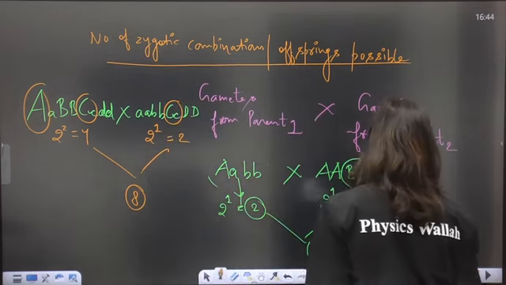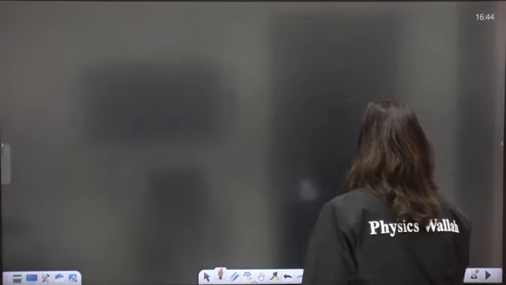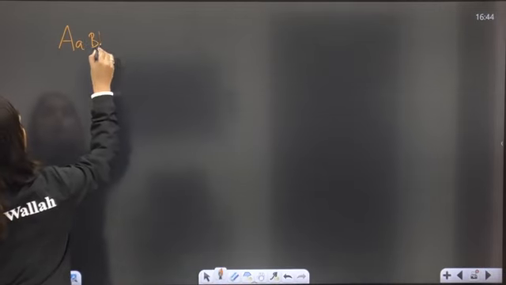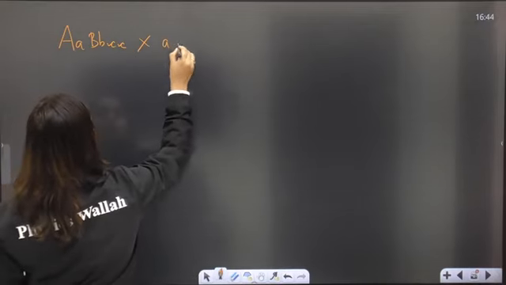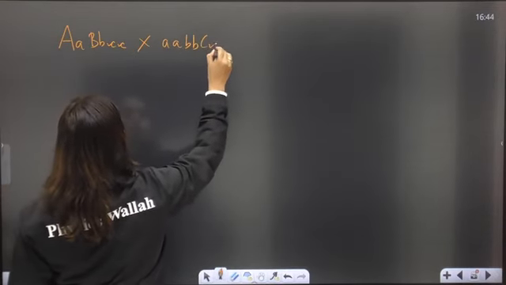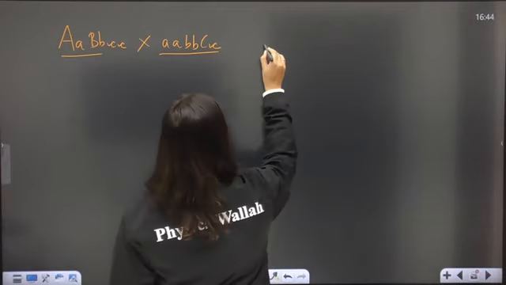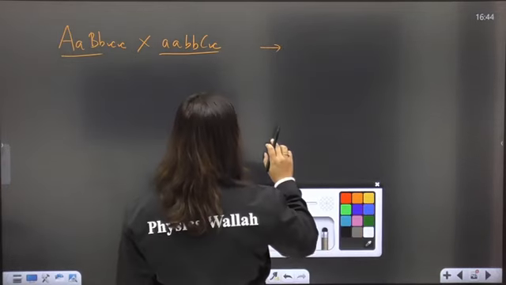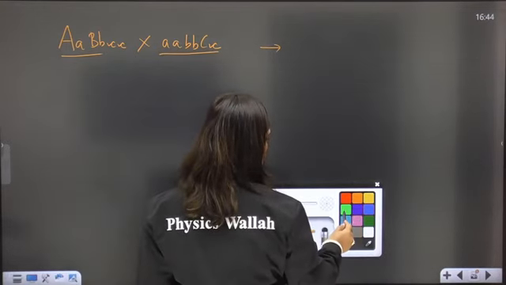Then let's discuss another type of question. Suppose this is given. These are the two parents, and you have to calculate the probability that this kind of offspring will be generated by these parents.